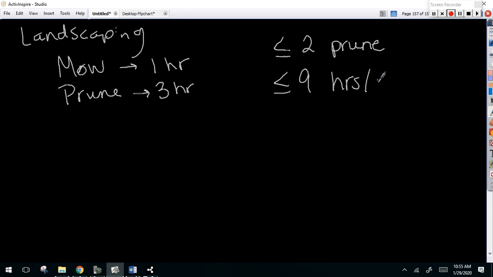On just pruning? No, altogether. I thought you said that mowing wasn't restricted. It's not. Well, I guess it would be restricted, it really is. All right, on average, the charge for mowing a lawn is $40, and the charge for pruning shrubbery is $120.